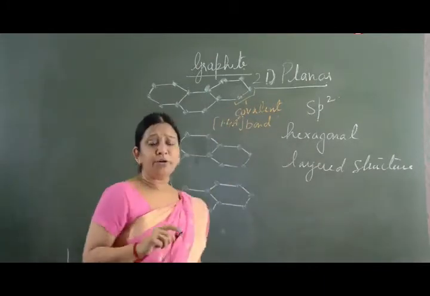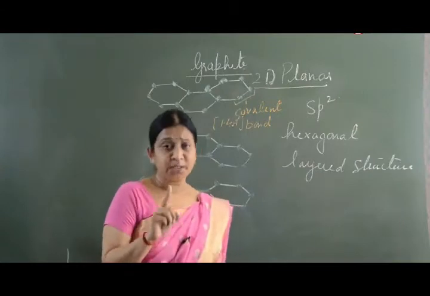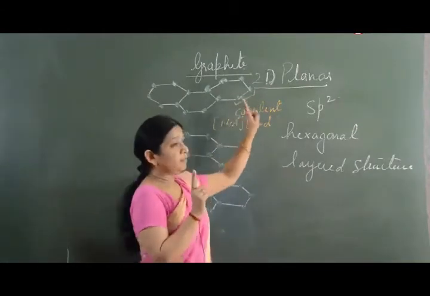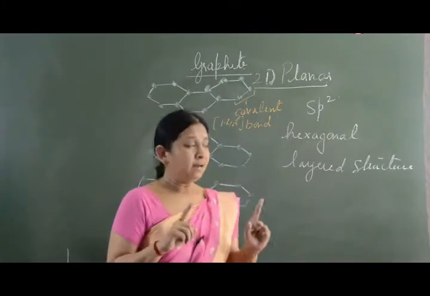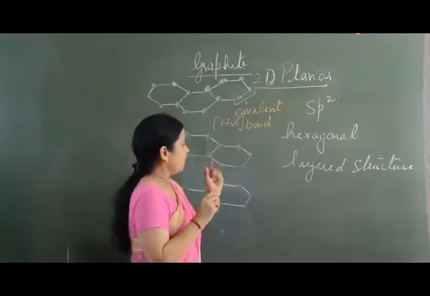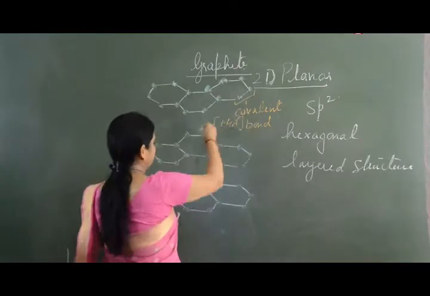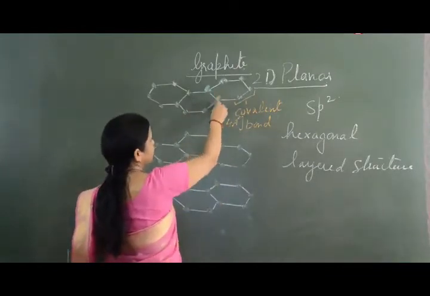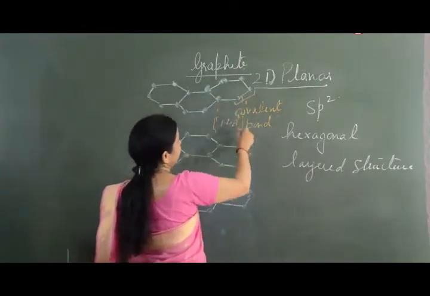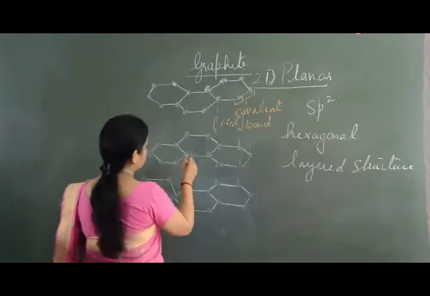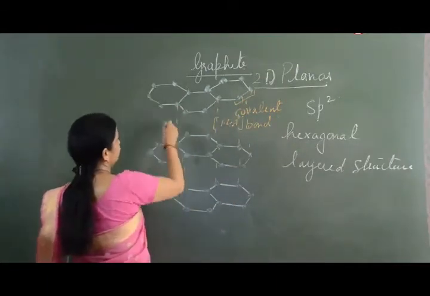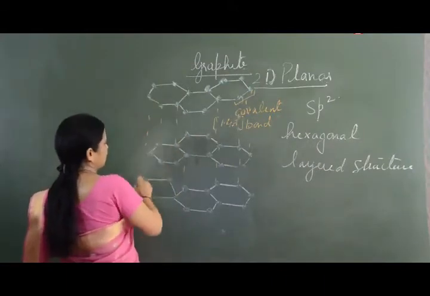So this is the order of the covalent bond which is present in graphite. And between the layers, the bonding is van der Waals force of attraction.